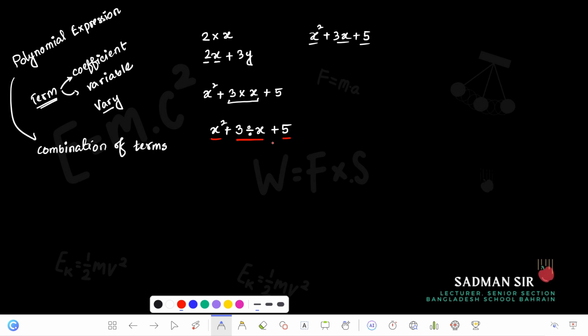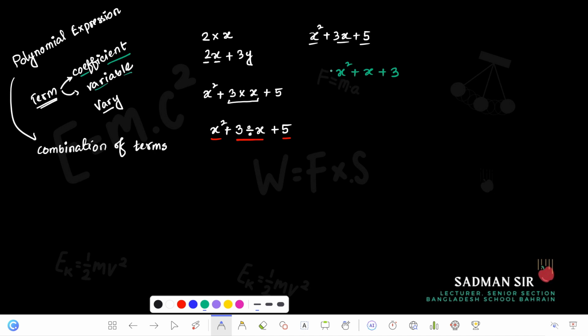Now some of you might have some confusion. For example, if I write an expression like x square plus x plus 3. In order to be a polynomial expression, it needs to be a combination of terms, and in each term there must be a coefficient and a variable.